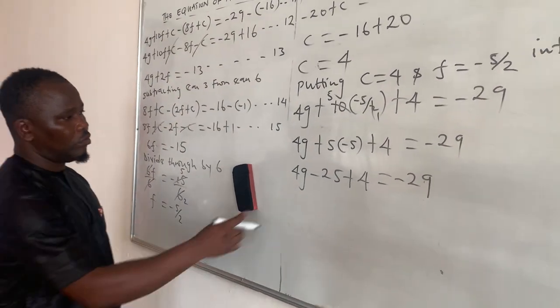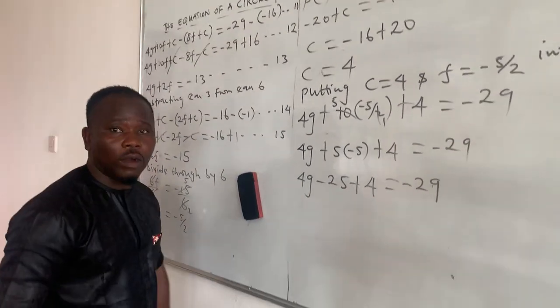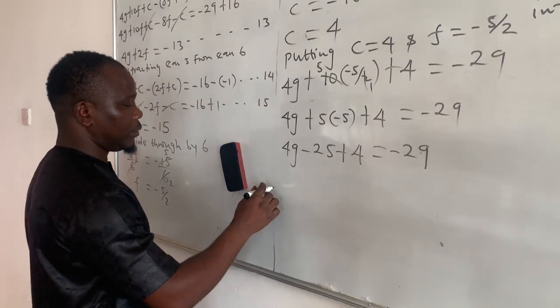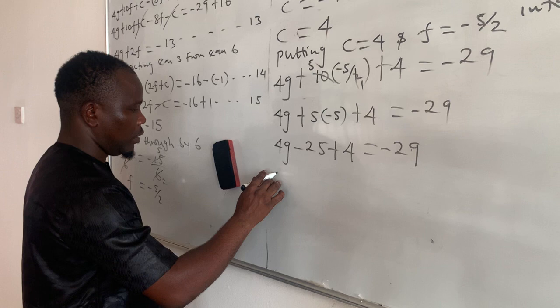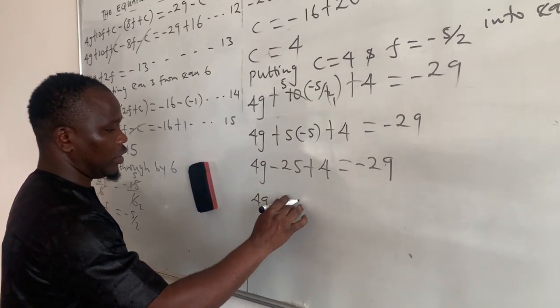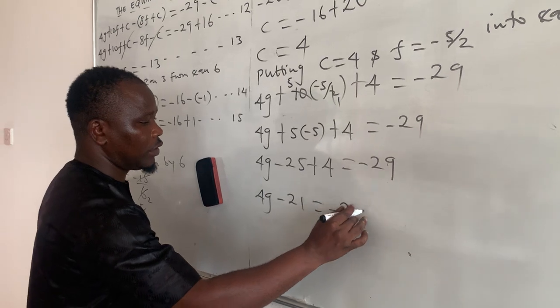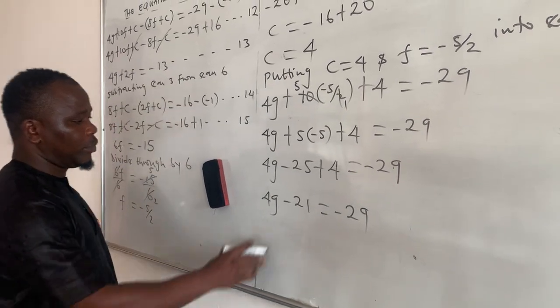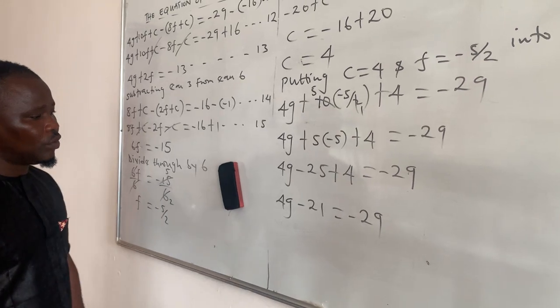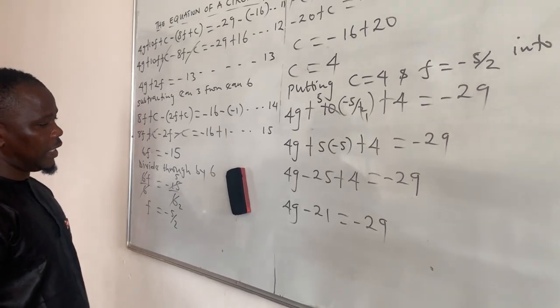So minus 25 plus 4 will give us what? Minus 21. True or false? 4g minus 21 equals to minus 29. At this point, we are going to add 21 on both sides.